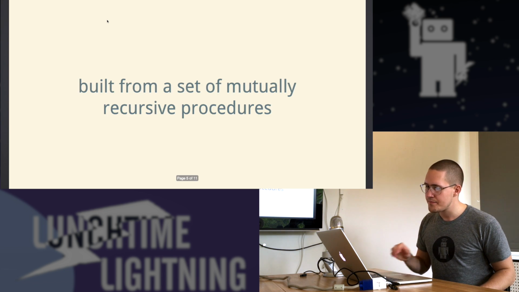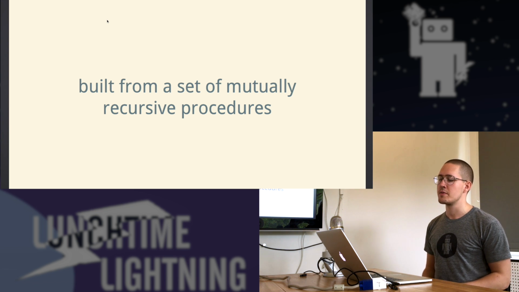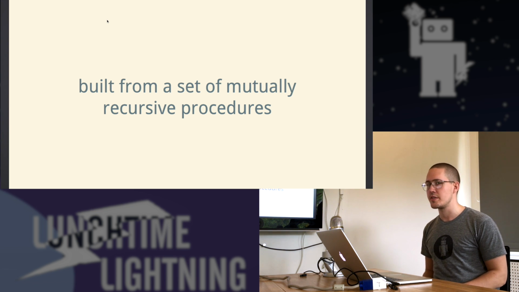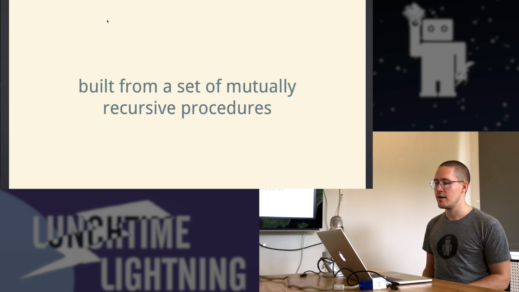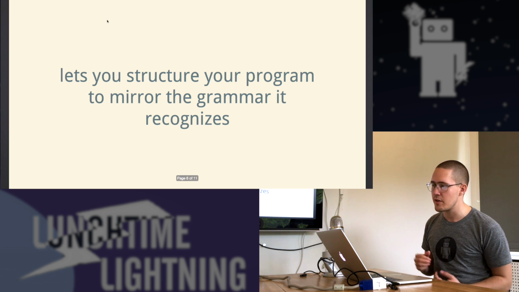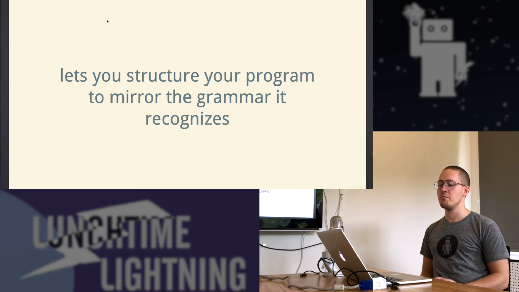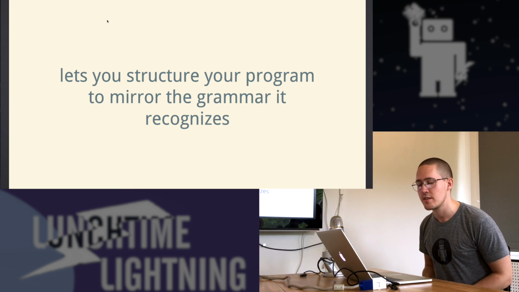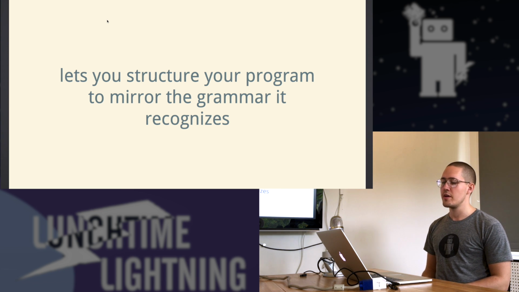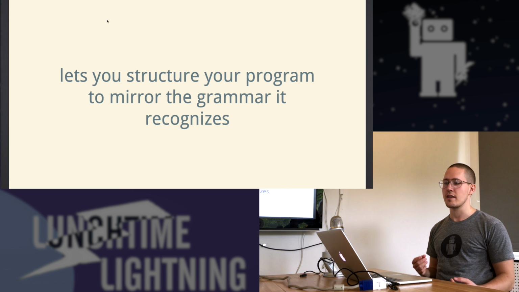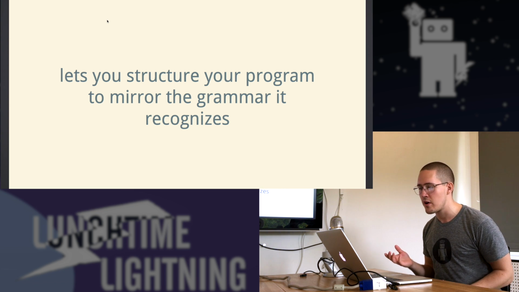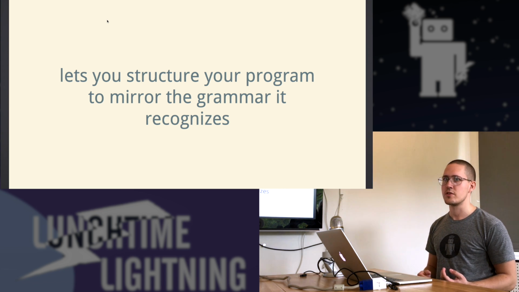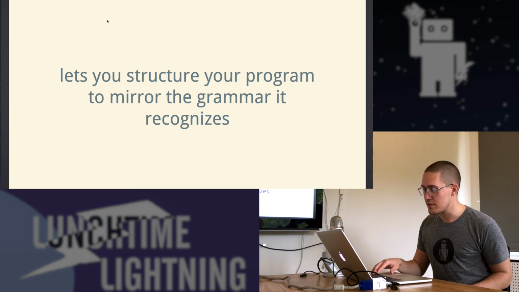They are also built from a set of mutually recursive procedures, which means you can structure your program to mirror the grammar it recognizes. You just describe whatever you want to parse, and it will parse it for you, which is super cool.